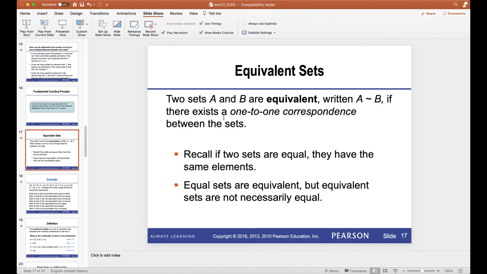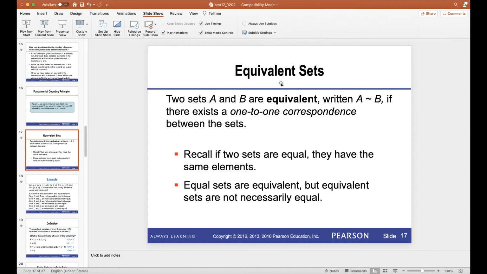Now, again, equivalent sets. 2 sets, A and B, are equivalent, and we write it like this with a little tilde, A tilde B, if there exists a one-to-one correspondence between the sets. Recall if 2 sets are equal, they have the same elements. Equal sets are equivalent, but equivalent sets are not necessarily equal.